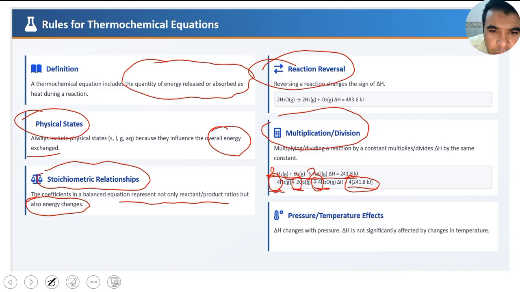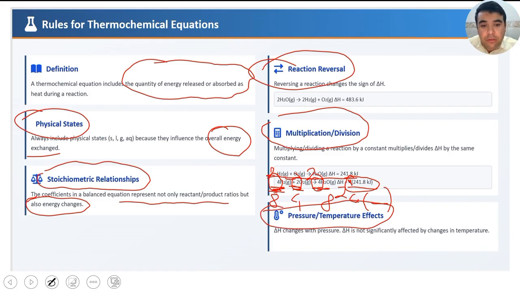When we multiply by 2, this is multiplied by 2, and if you multiply by 4, that will be 8, 4, 8, and then the enthalpy should be multiplied by 4 as well. So the concept is, when we multiply the reaction by a specific number or divide, you should apply the same factor to the enthalpy change.